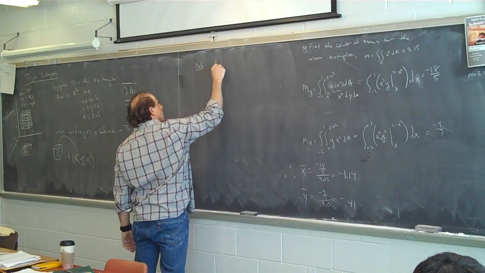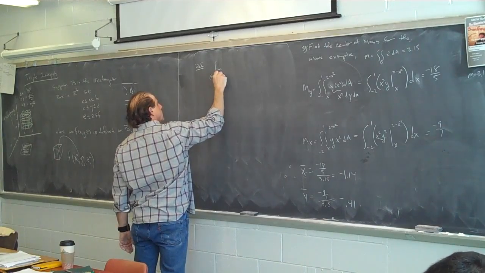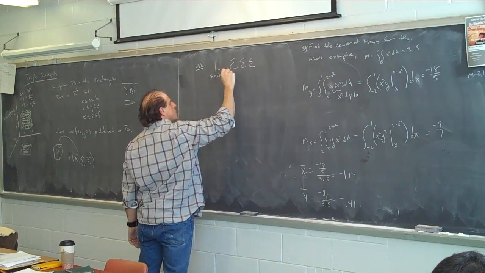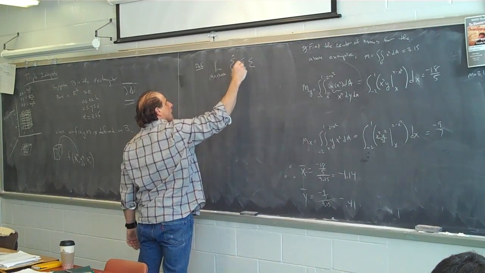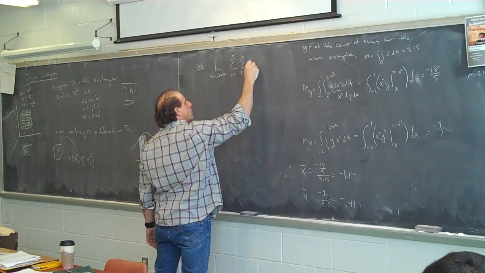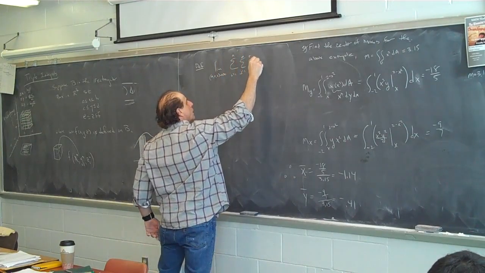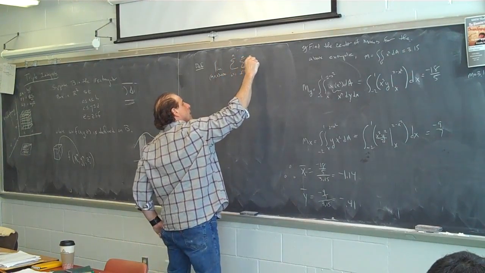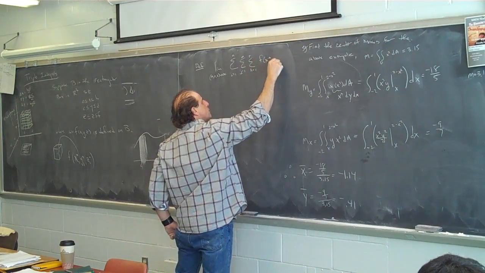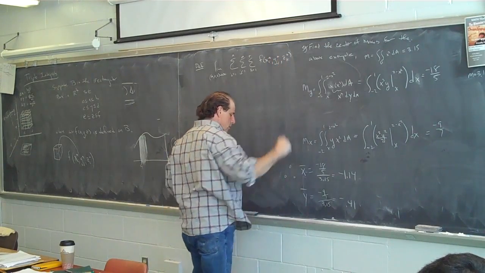The limit as m, n, and r tend towards infinity of the summation, i equals 1 to n, j equals 1 to m, k equals 1 to r, of f of x sub i superstar, y sub j superstar, z sub k superstar.